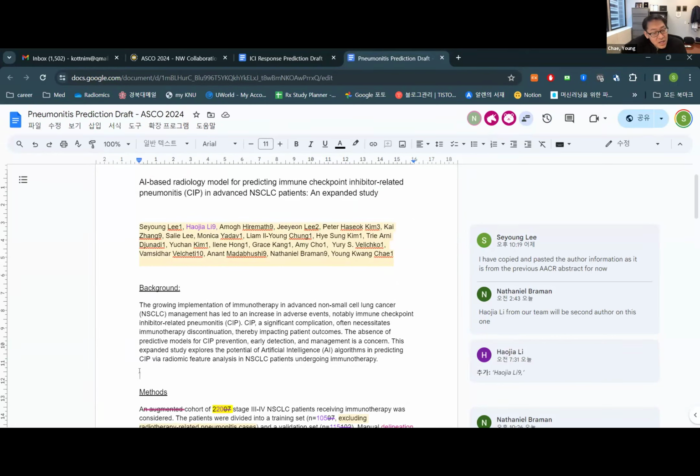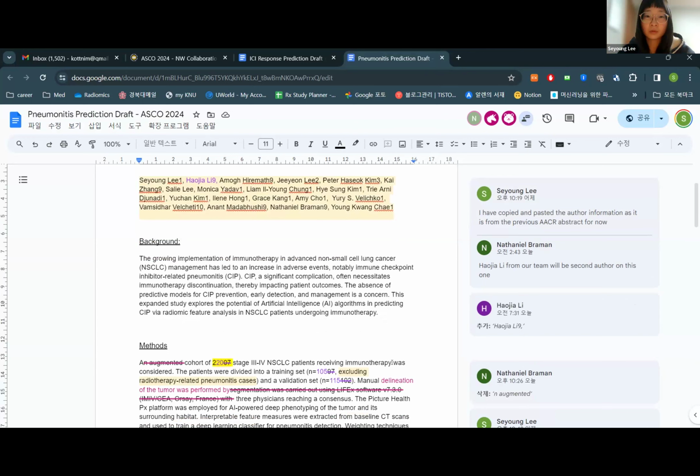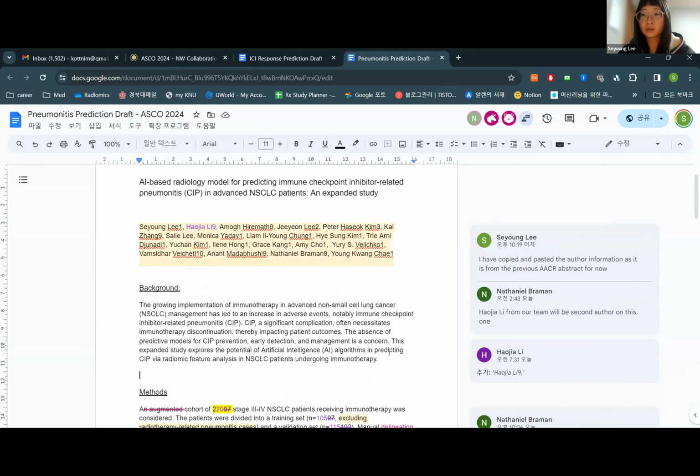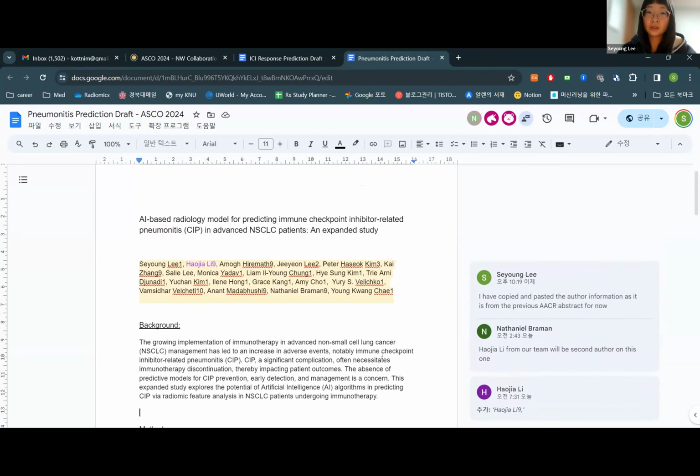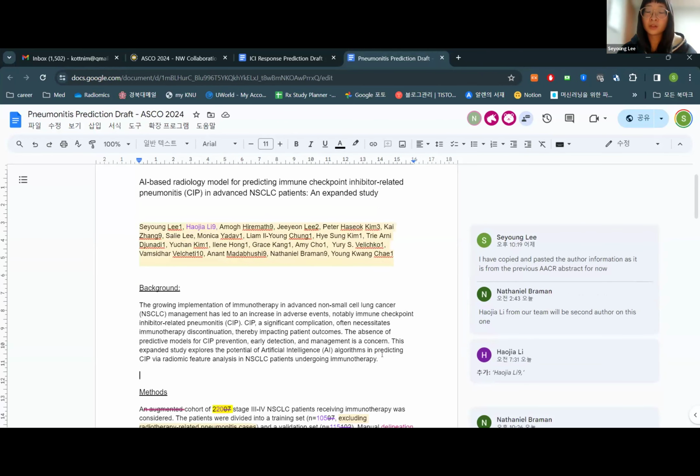Why did you add expanded study? Because it's the second time? Is that why? Yeah, and the number of patients increased. It was just from me, since we're using the same concept and same theme from AACR, but with more patients, and we are sending this to a different venue.